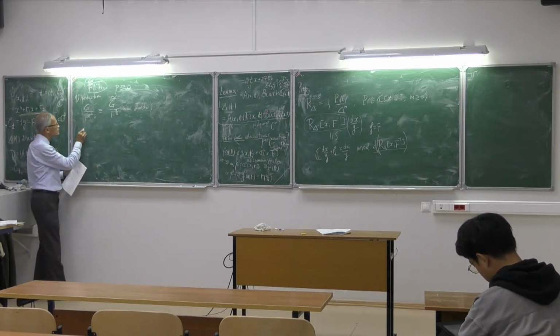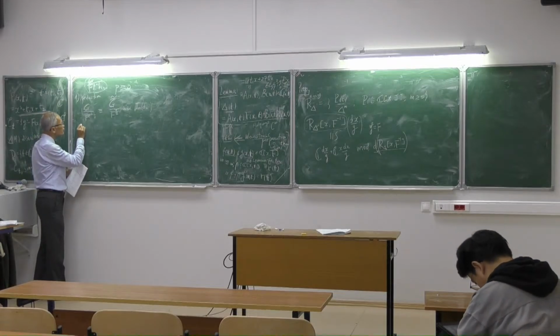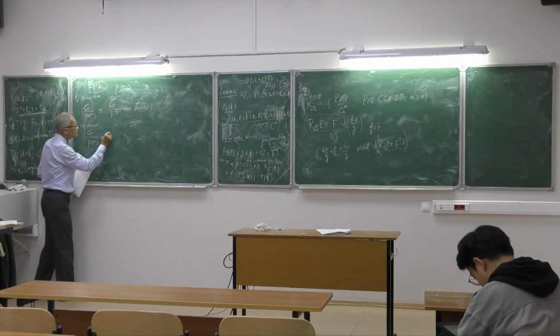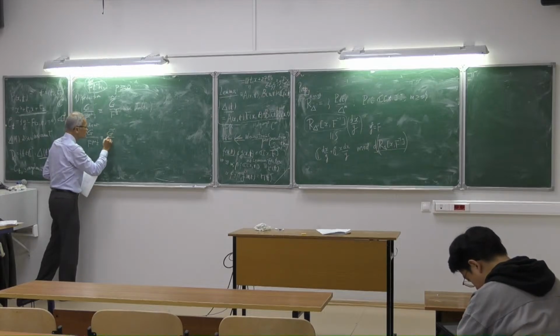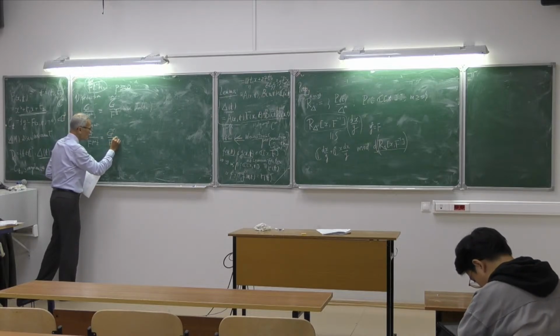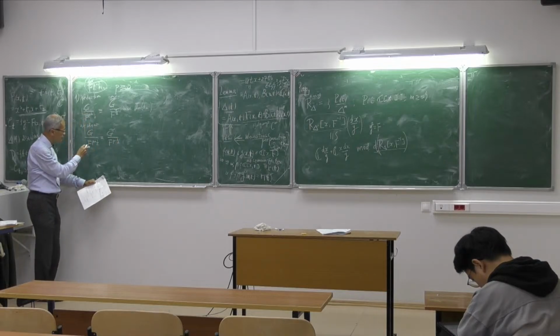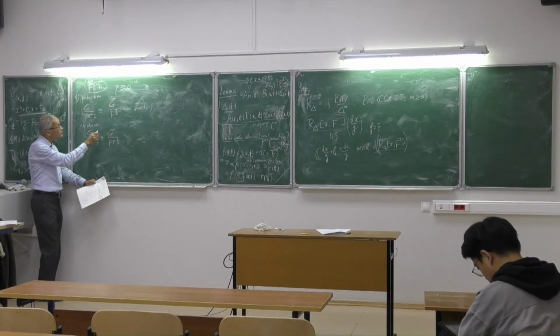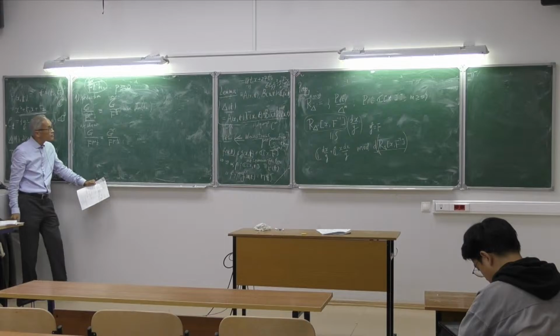To do this, it's enough to show that for every g, p becomes p minus 1. The order of the numerator decreases.